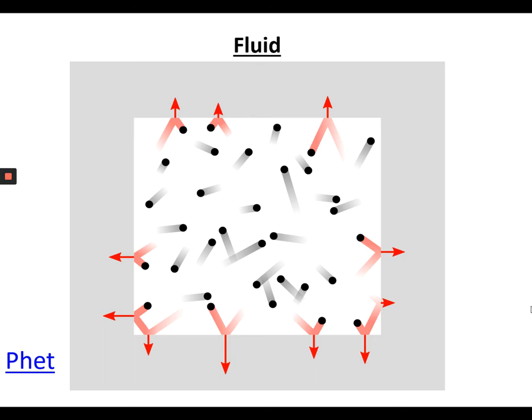Newton's third law says every action has an equal and opposite reaction. So if A pushes B, B pushes A. So you know that the particles have their direction changed, so the wall must push against the particle. So therefore the particle pushes against the wall. And that's the cause of pressure.